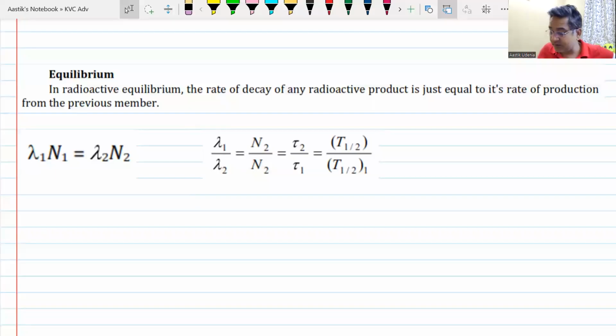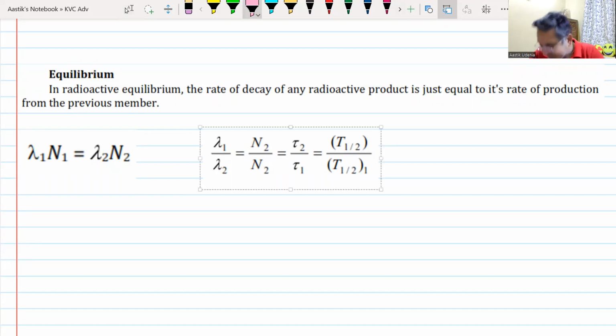This is the last heading of this chapter. We call it radioactive equilibrium. In a radioactivity series, a radioactive nucleus will decay into other radioactive nuclei, and these might decay into other nuclei.